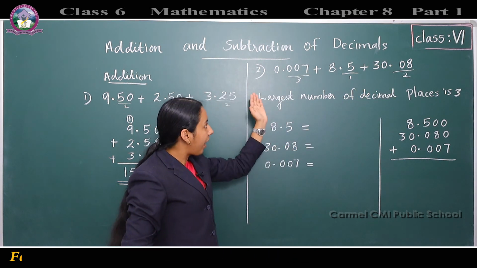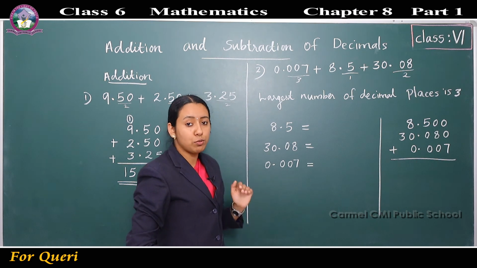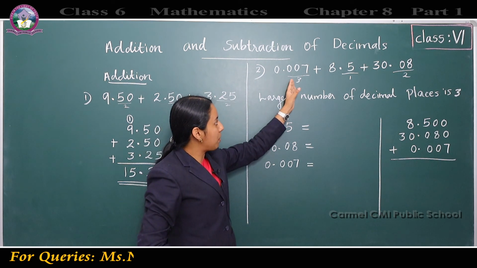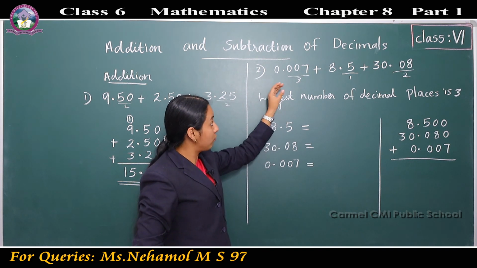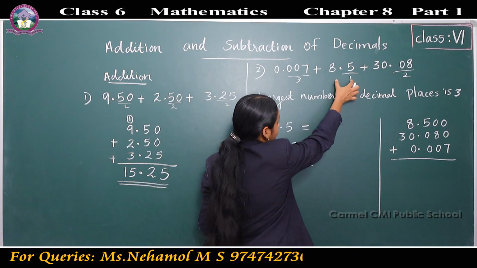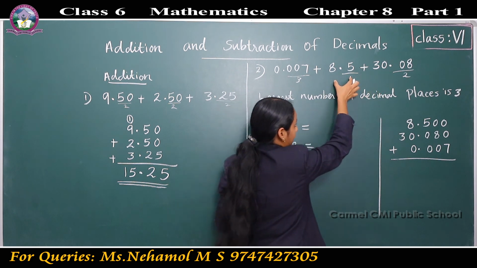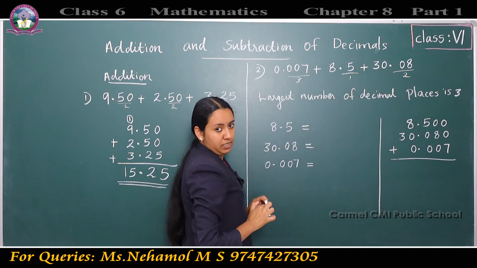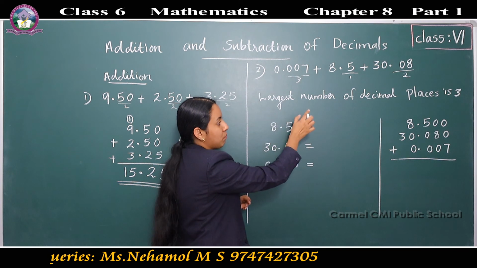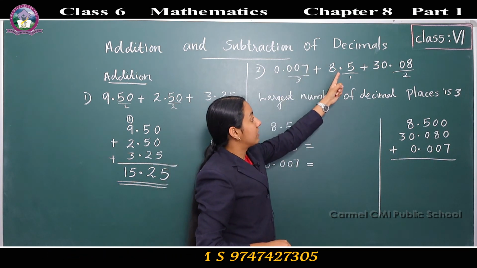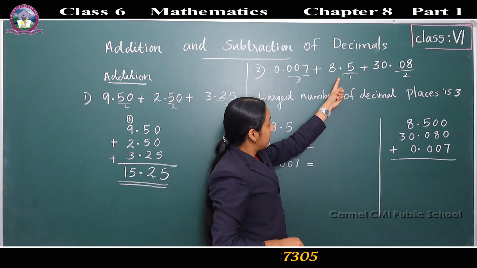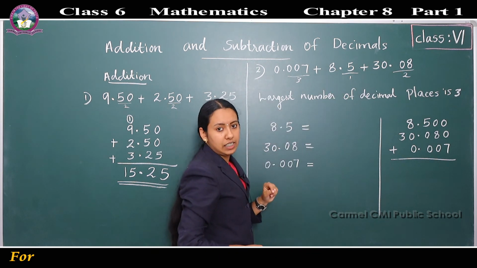To add these numbers, first we have to make the decimal places same. We have to make 3 decimal places in the second and third number, as the largest number of decimal places is 3.